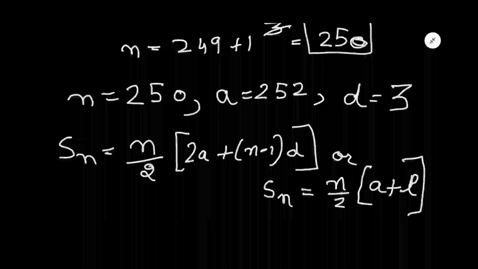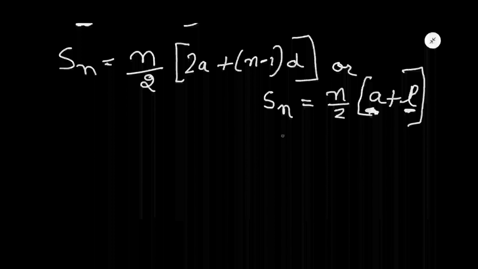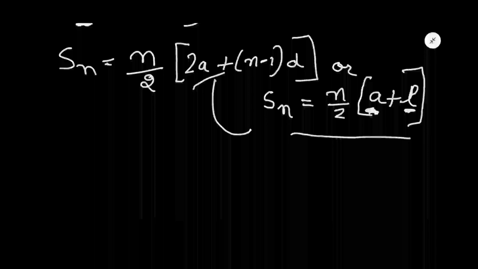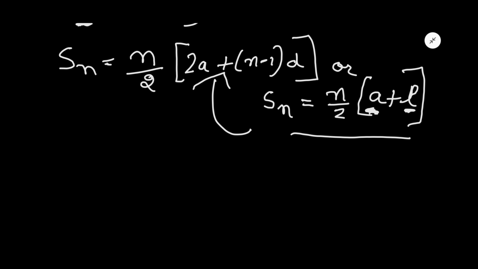So here we have n, the number of terms. We also have the first term. We also have the last term, which is 999. So we can use this formula instead of this formula because it is easy to calculate.